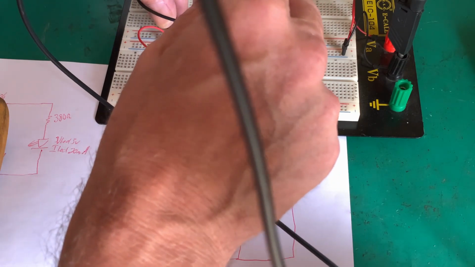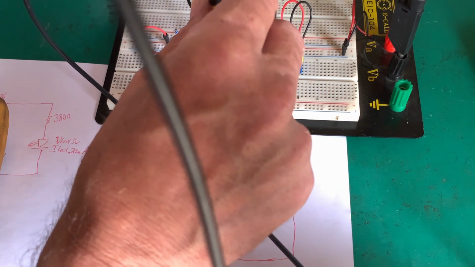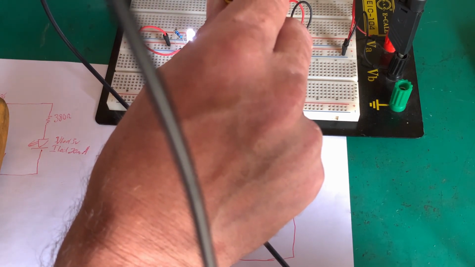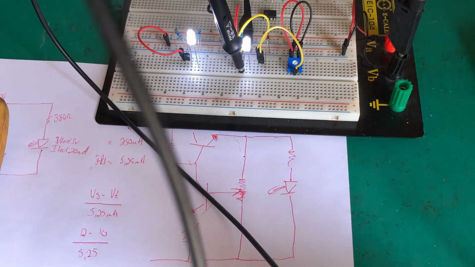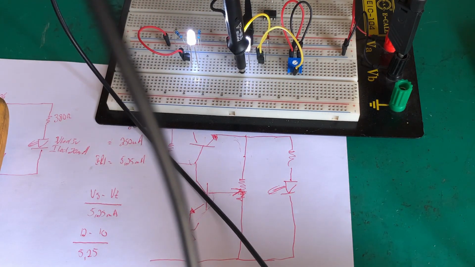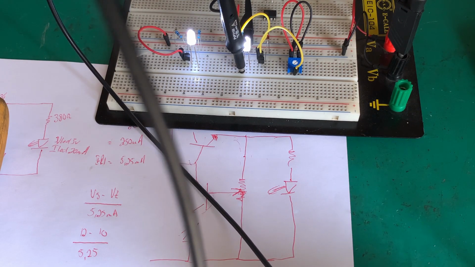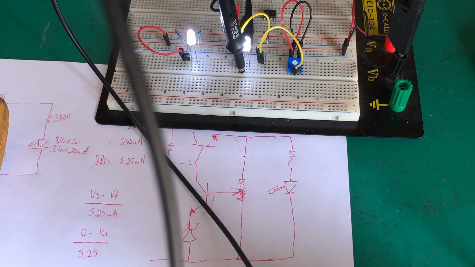Have I got this on? No, it doesn't look like it. Let's find a 0 volt. There's one. Okay, I'll lift you up so that you can see what I'm seeing on the oscilloscope.